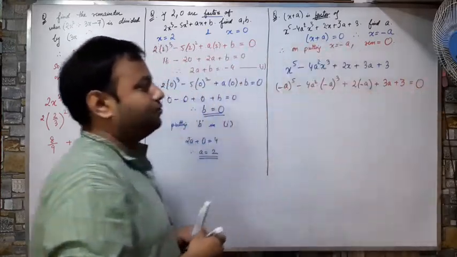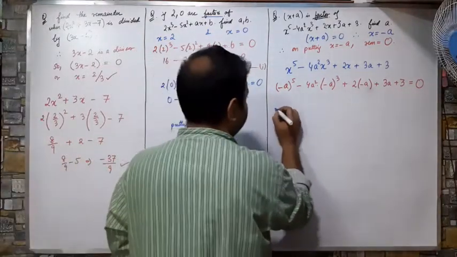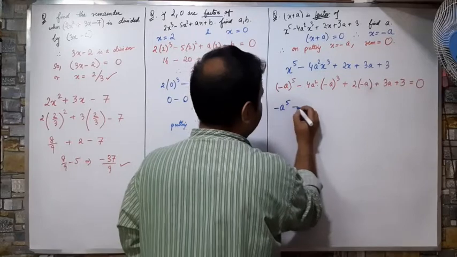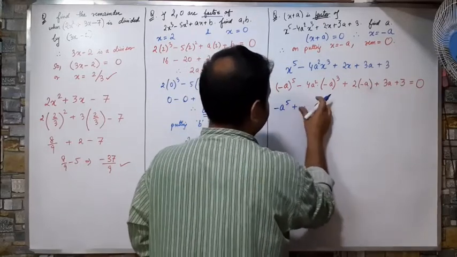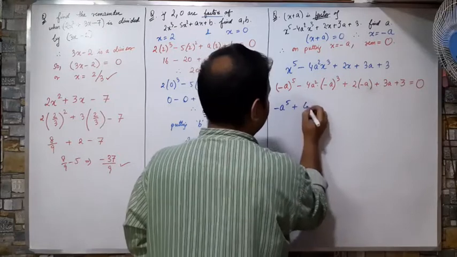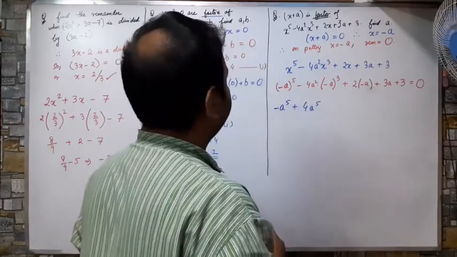This 0 represents that it is a factor. So what I am getting? I am getting minus a to the power 5 plus 4a to the power 5.